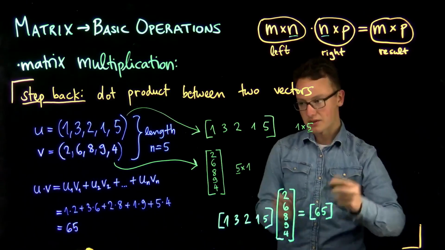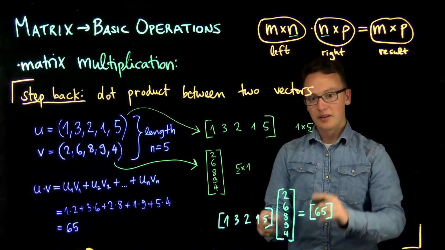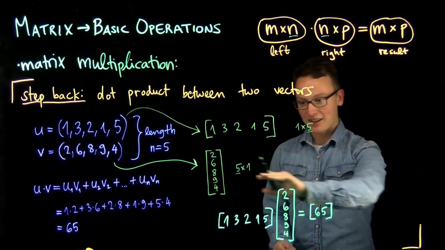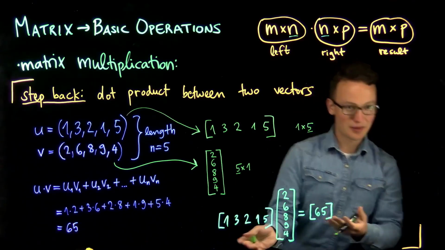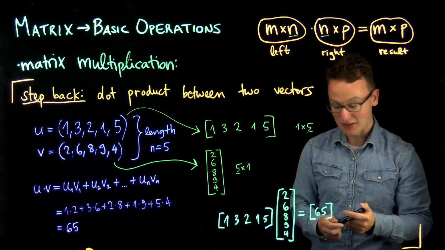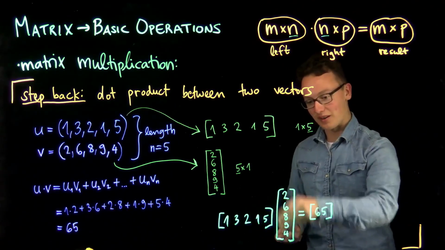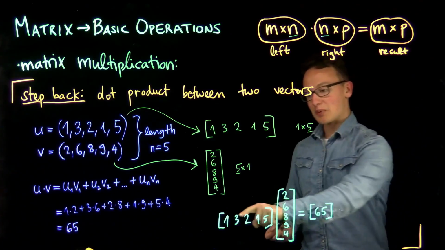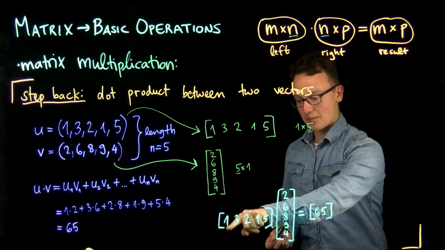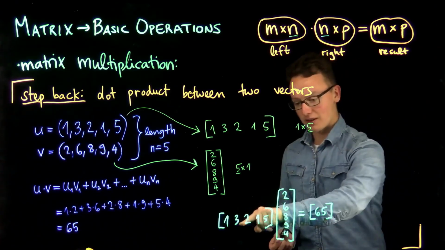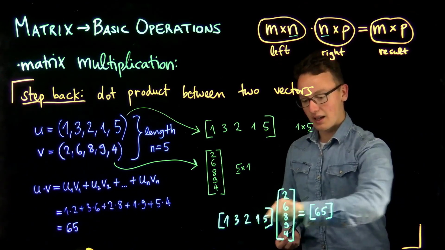Which is the case because the idea if we have a 1 by n and an n by 1 matrix is that we can just think of it as the dot product between two vectors. One vector represented as a row and the other vector represented as a column, and we will multiply the first element of this vector with the first element of that one, this one with that one, this one with that one, and so on, okay?